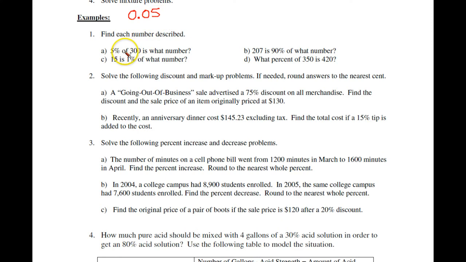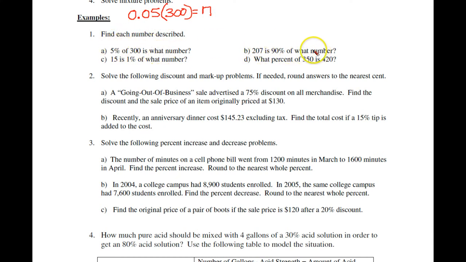Of, we want to remember, is translated to multiplication, and then of 300, so it's this times 300. Is, we know, translates to an equal sign, and then what number is our letter N. So we've set up an equation for letter A.